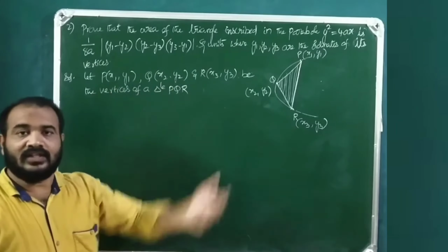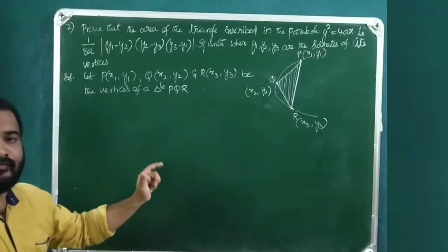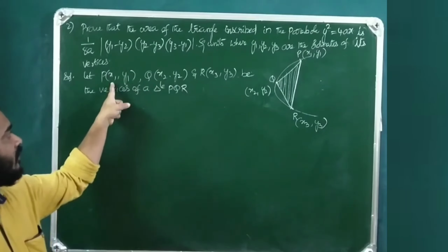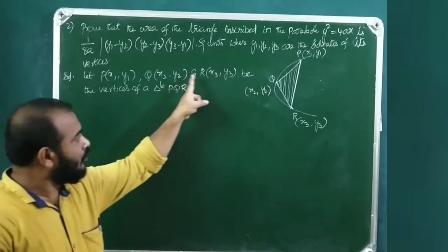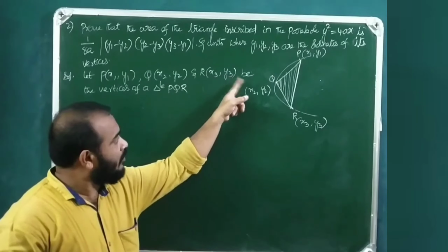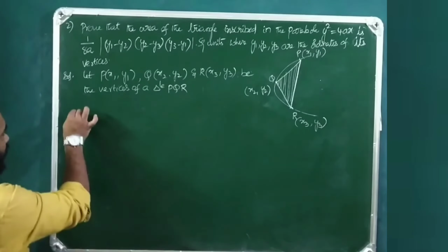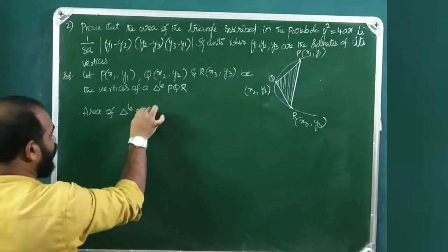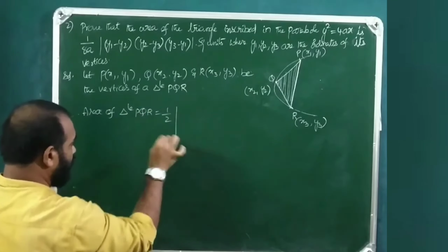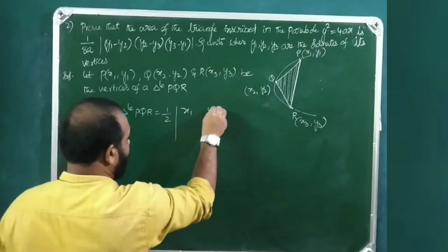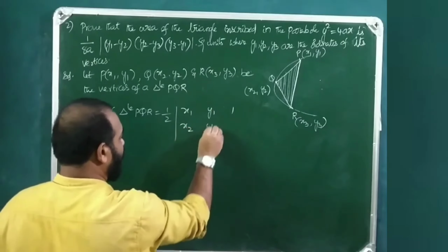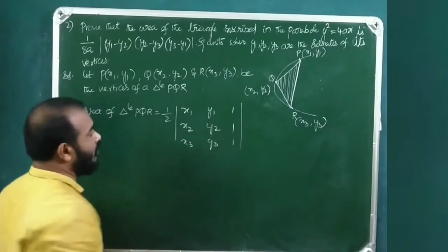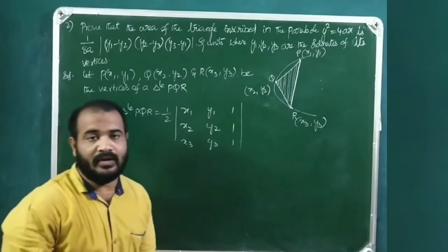So x1, y1 is the Cartesian point, whereas the parametric point of them is at1 square, 2at1; at2 square, 2at2; at3 square, 2at3. Therefore, the area of triangle PQR is equal to half into the determinant x1, y1, 1; x2, y2, 1; x3, y3, 1. This is what we have learned last year in coordinate geometry.